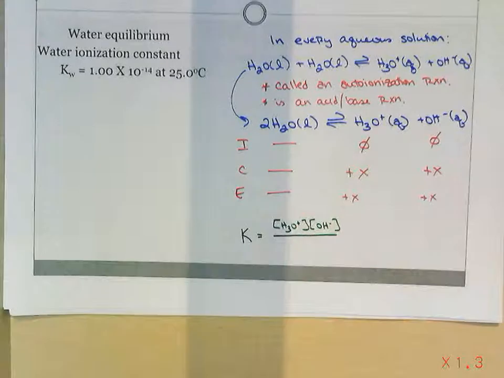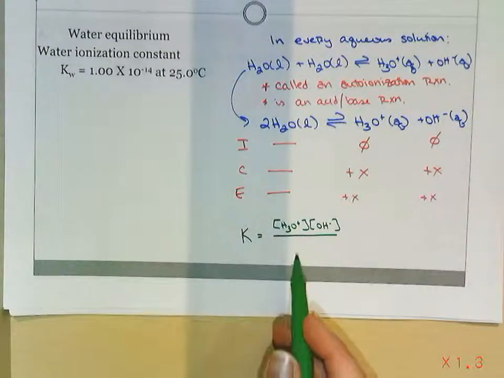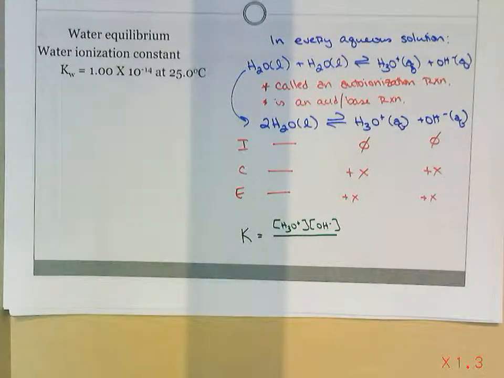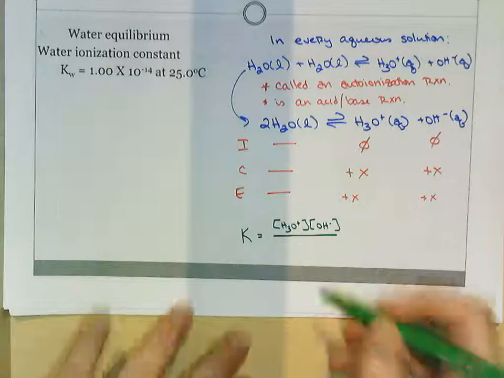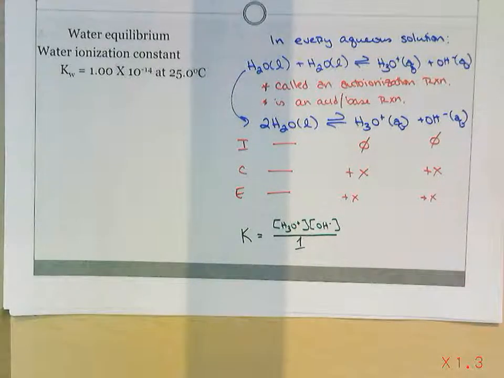What do I put in the denominator? I can't put nothing. If I put nothing, that's the same as 0. So I've got to put something. 1. Which is not nothing, it's 1. It's the same thing as saying H3O plus multiplied by OH minus, over 1. True, I'm just being more specific.